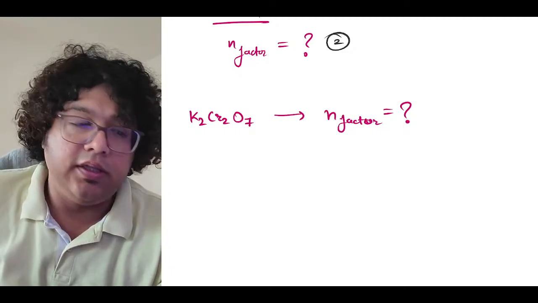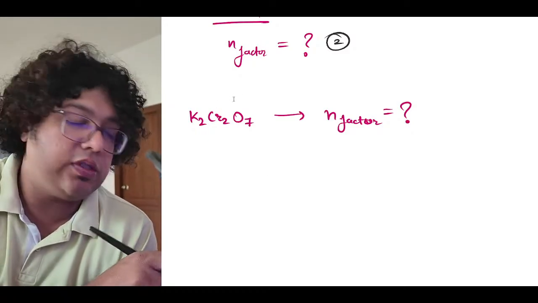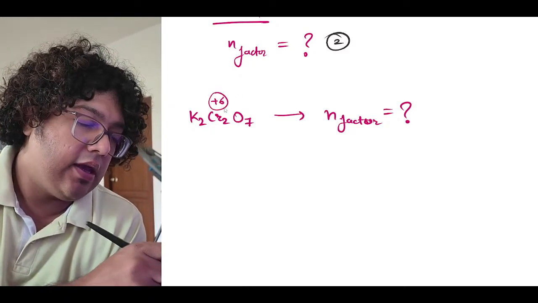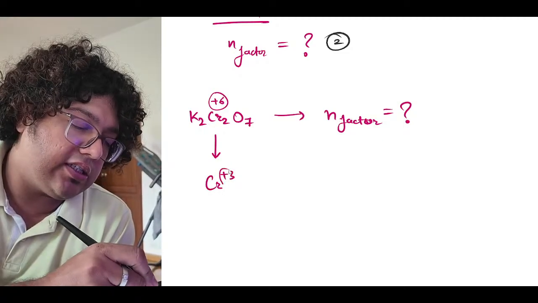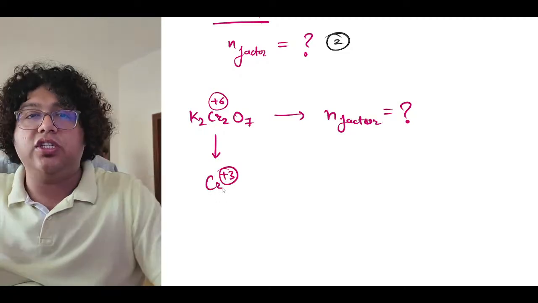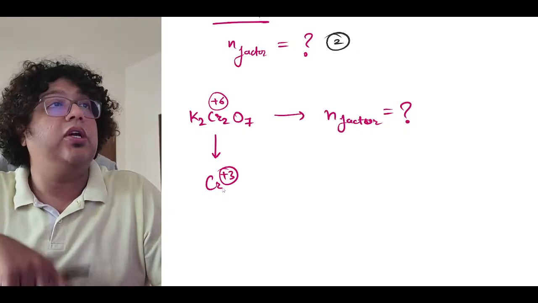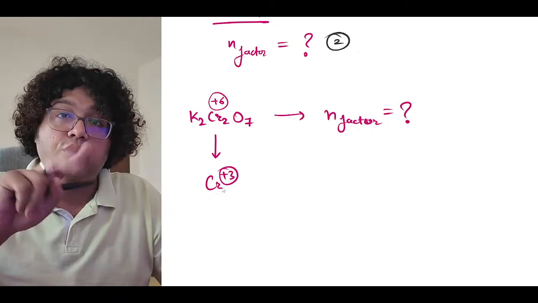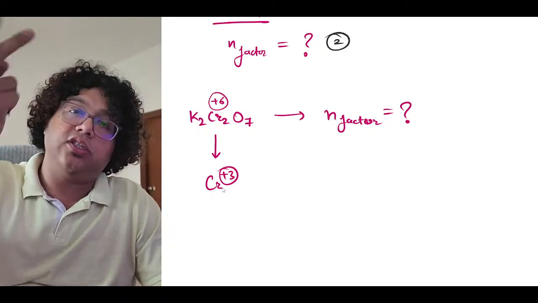Superb. The oxidation state of chromium in K2Cr2O7 is plus 6. And from plus 6, it will go into plus 3 oxidation state. So there will be a change of 3 electrons for every chromium atom. Now, how many chromium atoms do we have in this case? We have 2 chromium in 1 dichromate ion. So 2 chromium atoms going from plus 6 to plus 3.